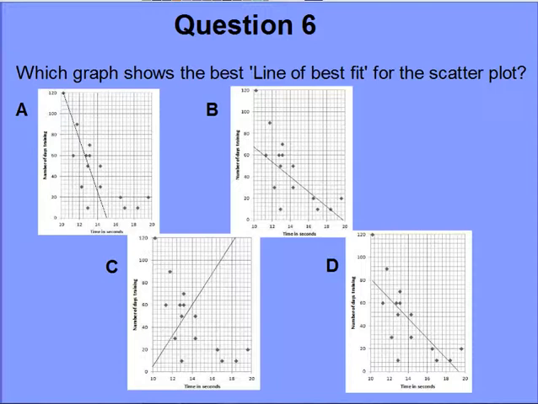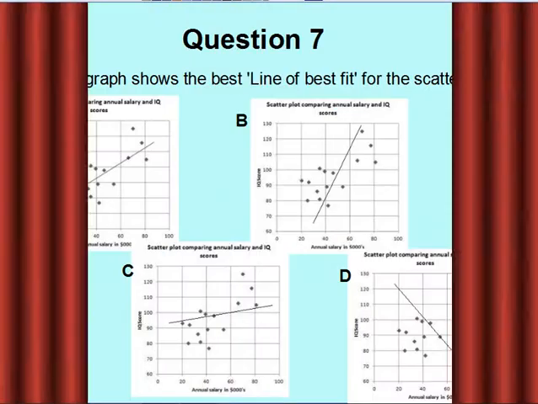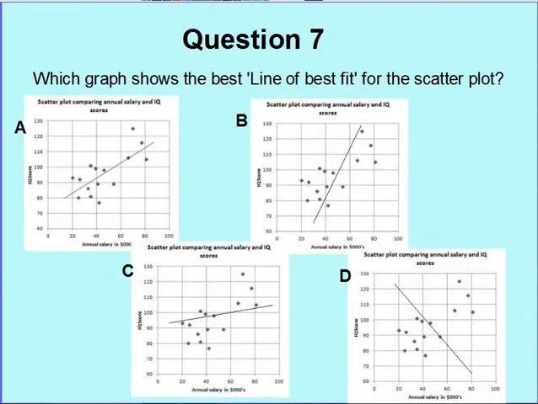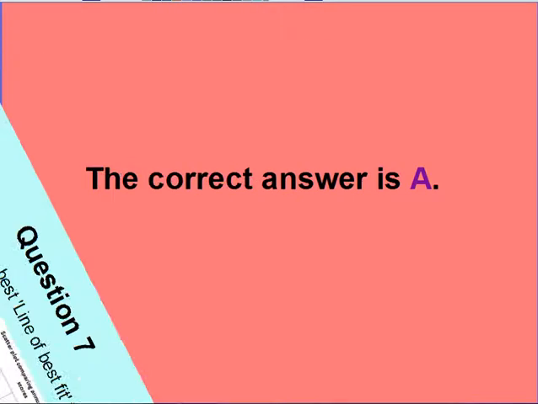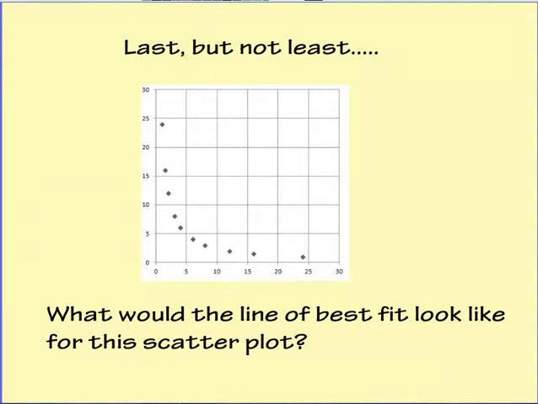Just because of that one point, D is actually a much better option than B. Which one of these graphs shows the best line of best fit for our data? And last but not least, what would the line of best fit look like for this scatter plot?